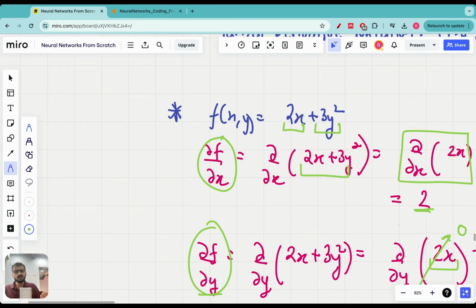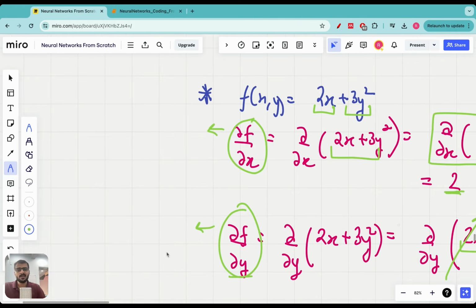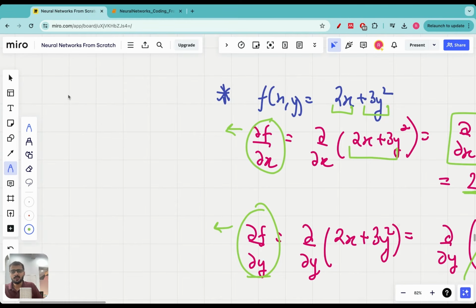So when you calculate the slope, you need to specify along which direction you are calculating the slope. So ∂f/∂x is the slope along the x direction, and ∂f/∂y is the slope along the y direction. If you plot the three-dimensional function, it will look like a parabola but in three dimensions.